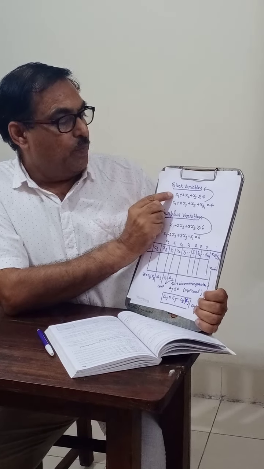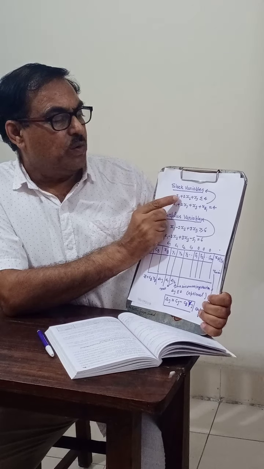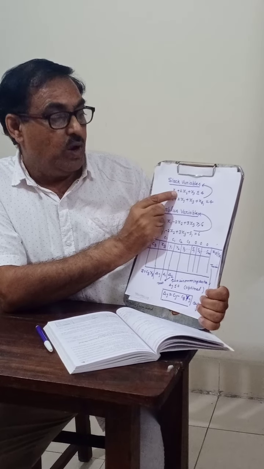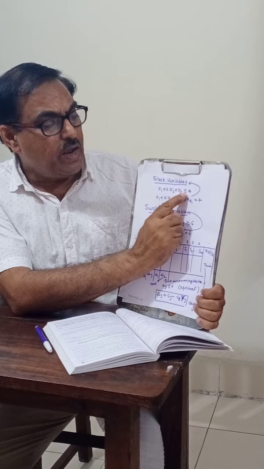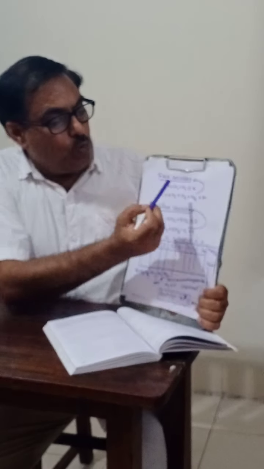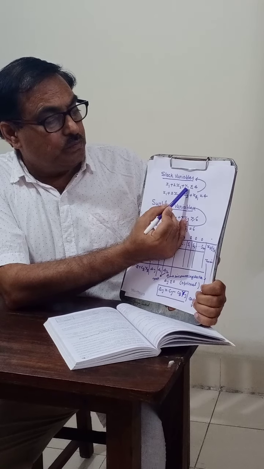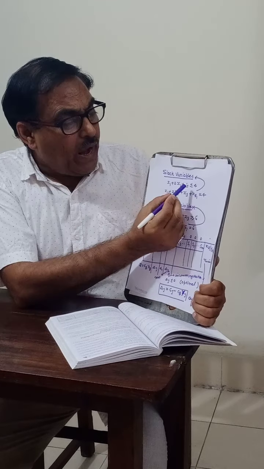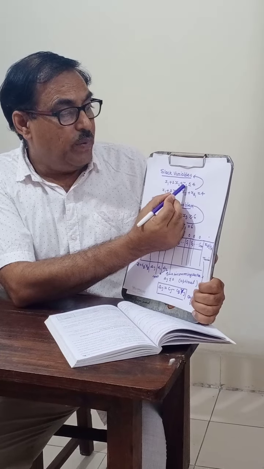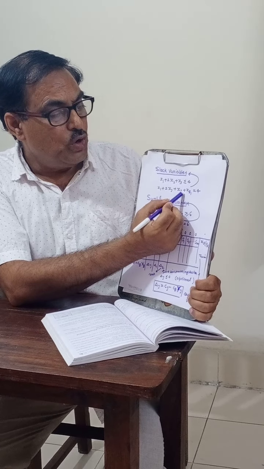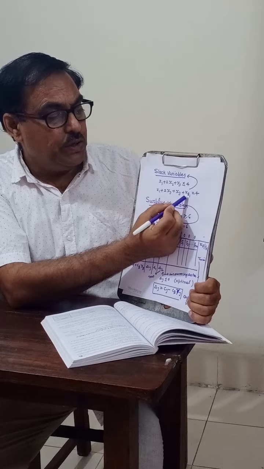We are giving a simple example. If x1 plus 2x2 plus x3 is less than or equal to 4, since the inequality is less than or equal to, we add a variable on the left hand side of this inequality.